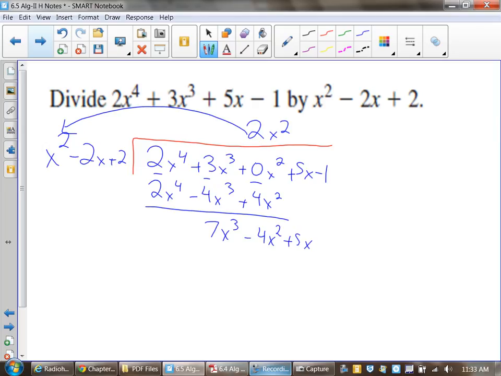And once again, I want to change my x squared into 7x cubed. What do you multiply by? 7x, very good. Send it over.